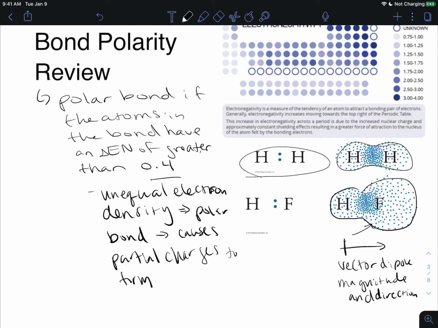We're going to have a partial positive on the more electropositive atom and a partial negative on the more electronegative atom. So in the case of HF, we'd have a partial positive for our hydrogen and a partial negative for our fluorine. In the case of H2, there is no electronegativity difference between two hydrogen atoms, so they're going to have a perfectly nonpolar bond.